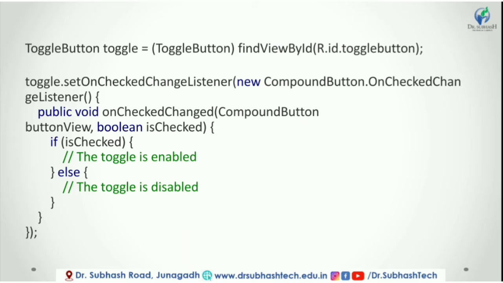Then after we have to set the OnCheckedChangeListener. In this code we can see how to handle toggle button event. This is how we can handle toggle button click event in Android application based on our requirement.